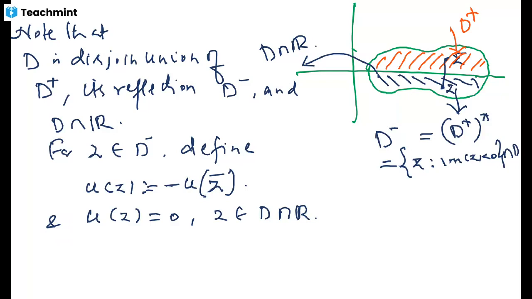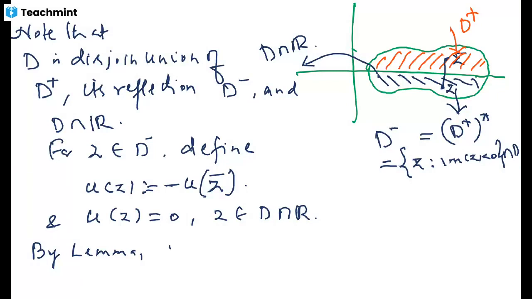Now look, from the lemma that I just proved, this D plus is a domain because it is open and connected, and D minus is also a domain, and D minus is a reflection of this D plus. So from the lemma it follows that, because we have seen that u of z bar is a conjugate for a harmonic function, minus of that is also a harmonic function.